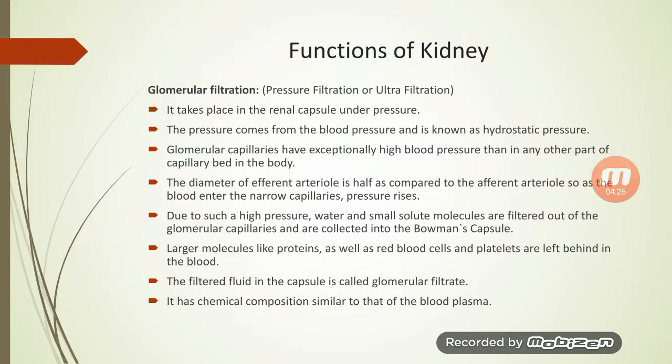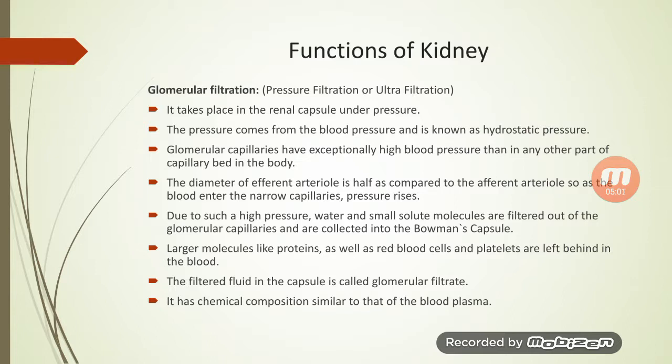The filtration membrane acts like a sieve, allowing small molecules to pass through, and these small molecules include water, inorganic ions, glucose, amino acids, and various metabolic wastes such as urea and creatinine. All these are called the glomerular filtrate.